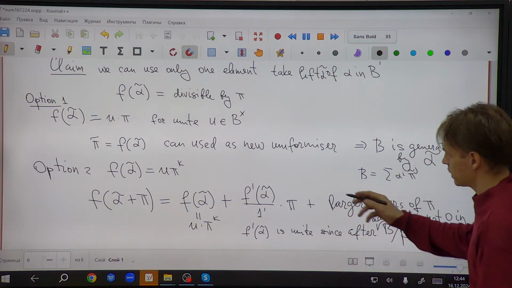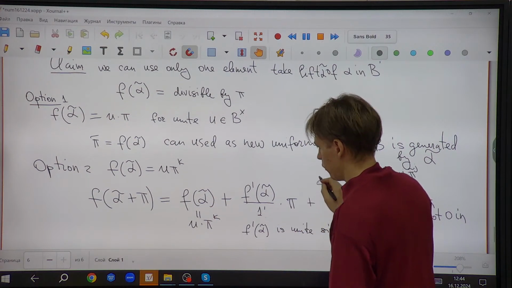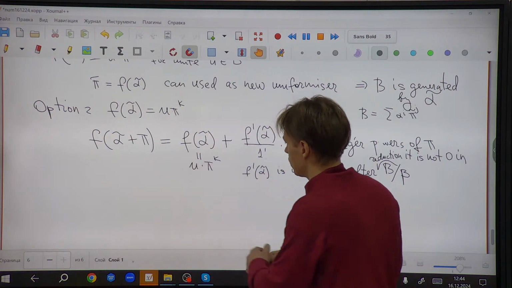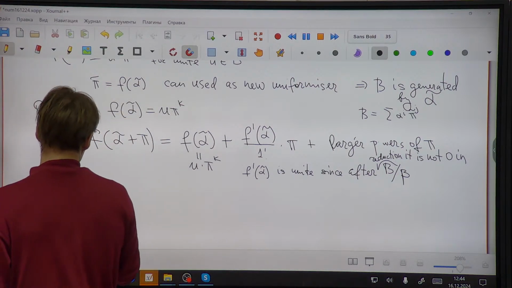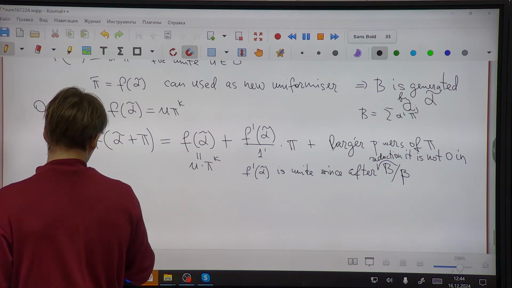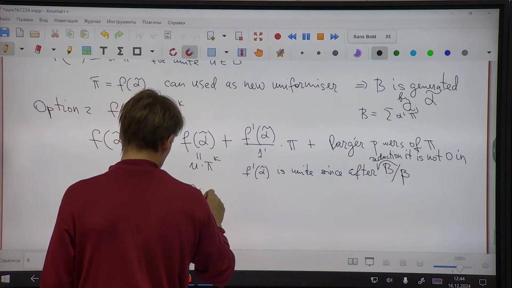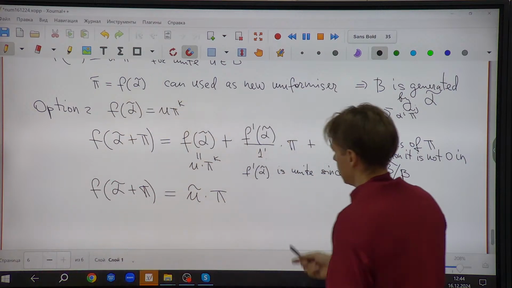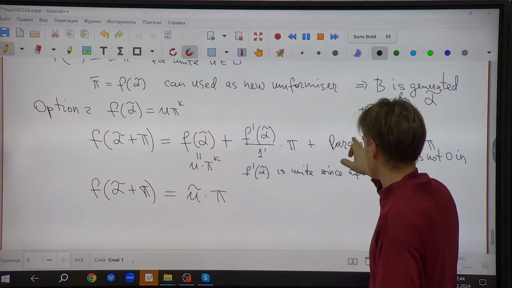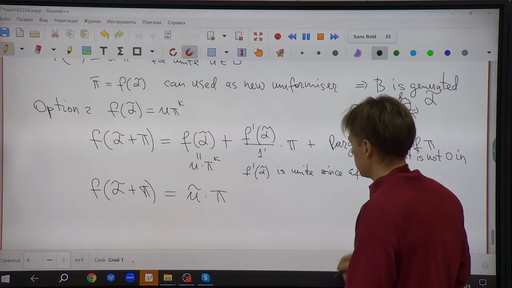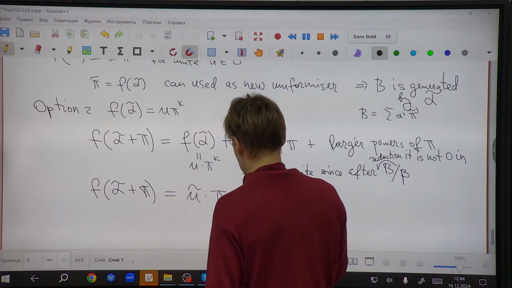So this means that for alpha tilde plus p you have an element with a high valuation. So the valuation of f at alpha tilde plus p is just a unit u tilde times p. So you have p times an invertible element. This thing has larger valuation.